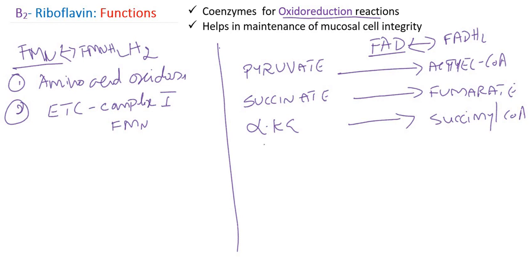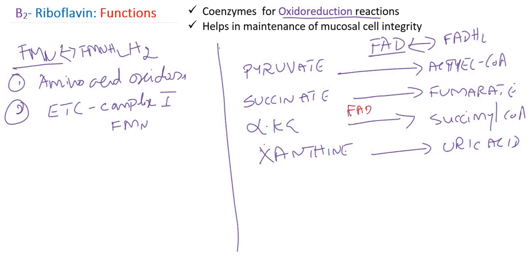Even in nucleic acid metabolism, xanthine will be converted to uric acid. All these reactions require FAD as coenzyme.